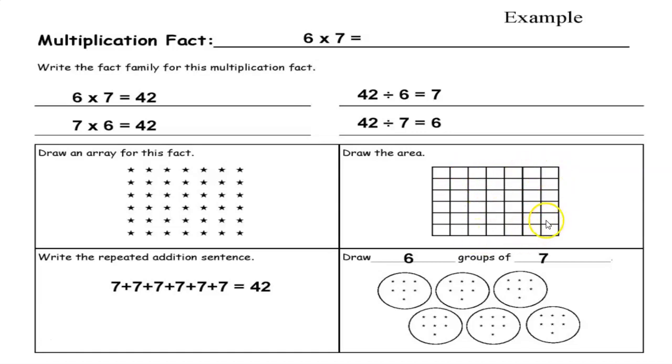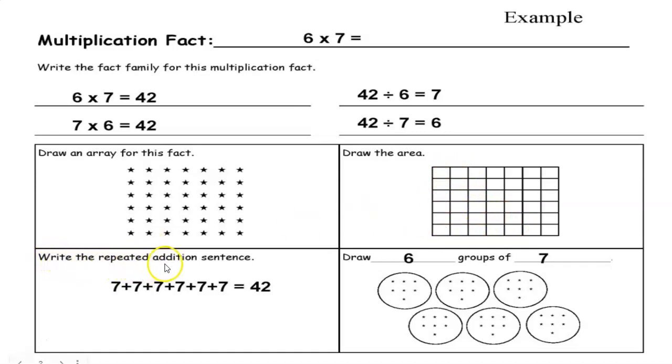When you're trying to multiply to find the answer, you can count by 7: 7 plus 7, 14 plus 7, 21 plus 7, 28 plus 7, 35 plus 7, 42. Or you can count all of the little squares or rectangles, but that will take a long time. So let's try counting by a certain number.